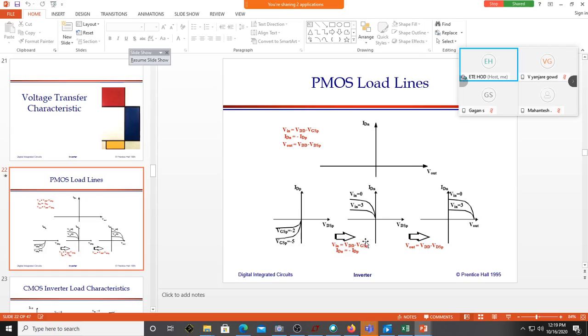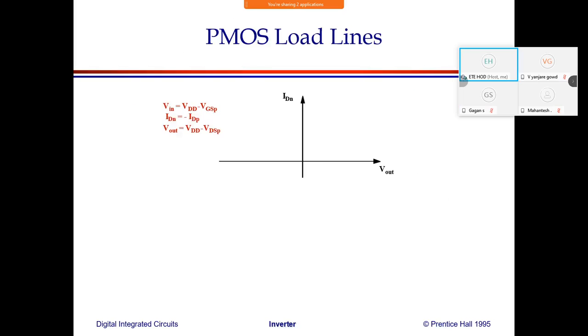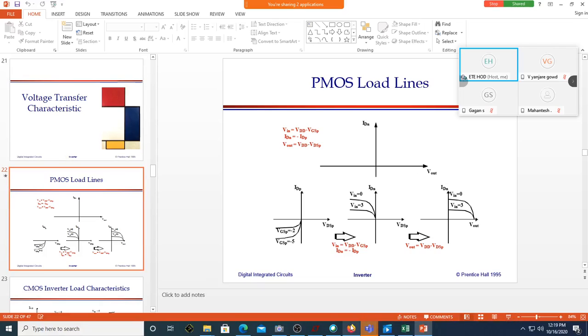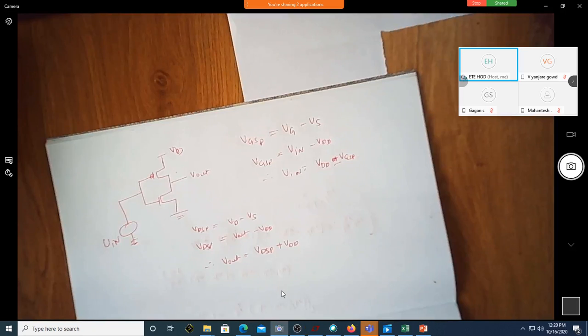They might have written something in the slide. I think both are plus. Is V in equal to VDD plus VGS of P as per the equation? Let me share this circuit. Is this fine?